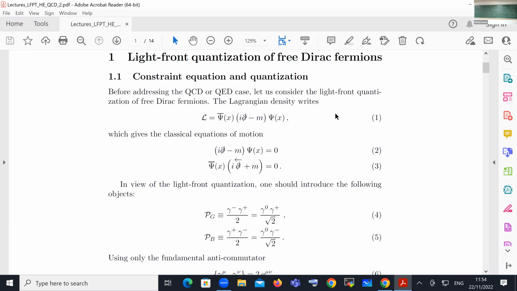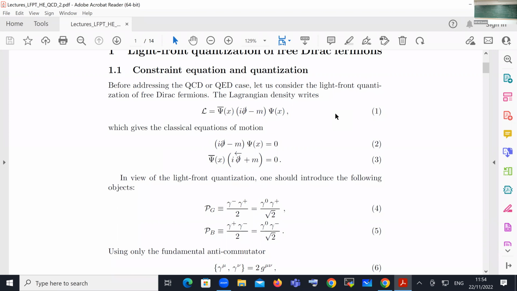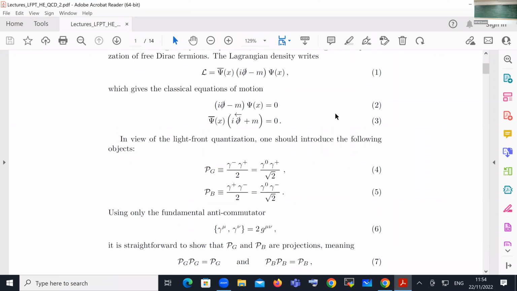So anyway, here we have the usual Lagrangian for the free Dirac field, with this equation of motion, which is the well-known Dirac equation for a free field.